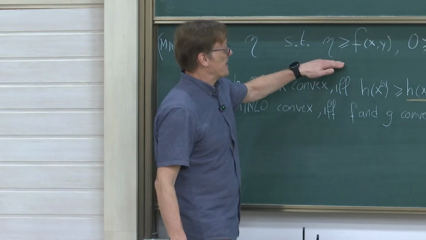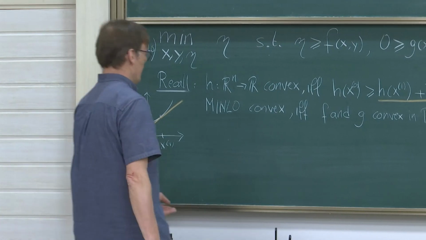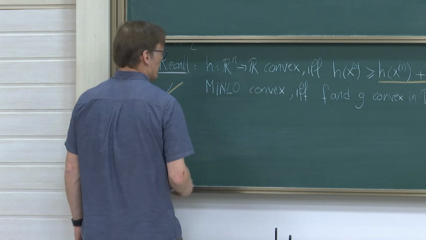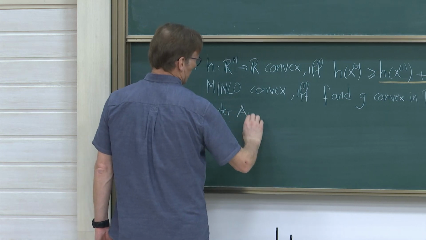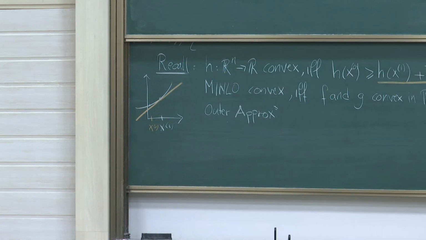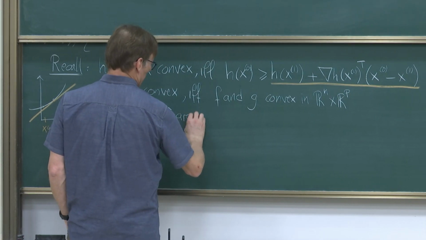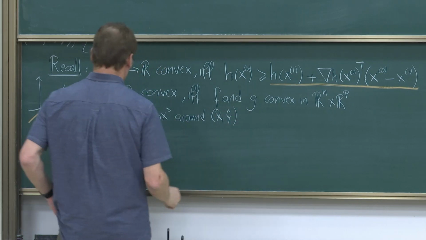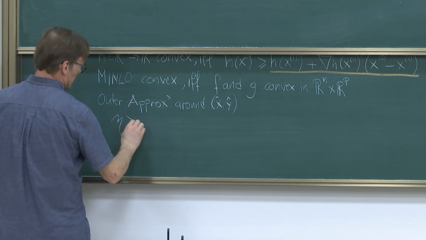So convexity allows me to now create underestimators or outer approximations of my constraints. For these two functions, I'll just write down an outer approximation around a point x hat, y hat. I get these two inequalities.